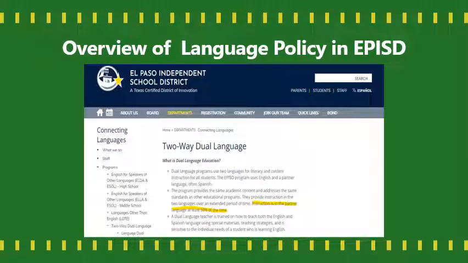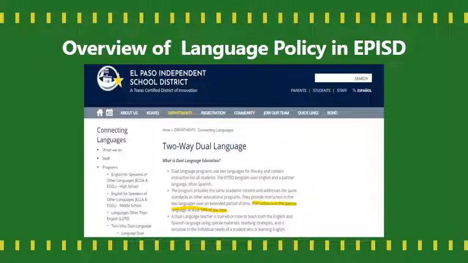What is the overview of language policy in EPISD? According to the website, for the two-way dual language model, the policy language, the instruction in minutes in the partner language should be at least 50% of the time. Now, last year, there were exceptions because of COVID, and teachers in the program were able to do one day only in English, the full day, and then the next day fully in Spanish.